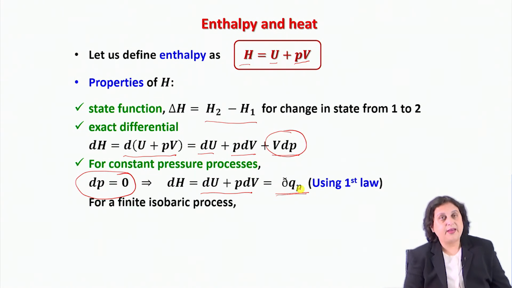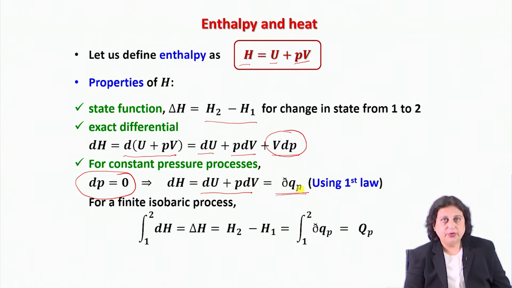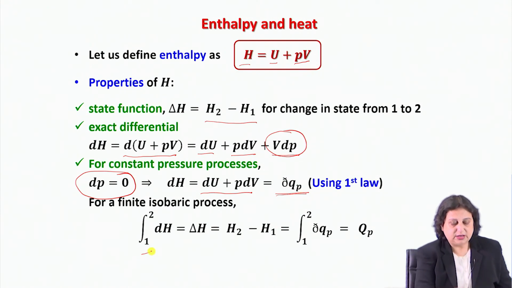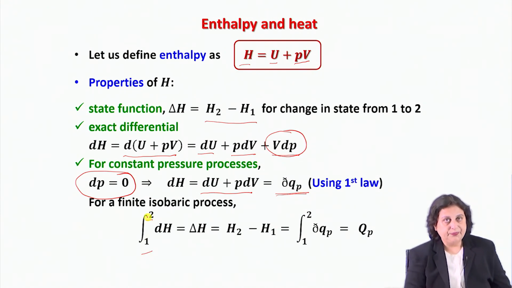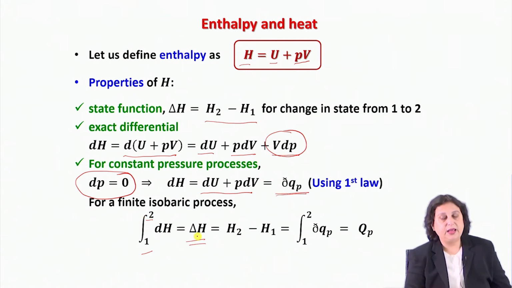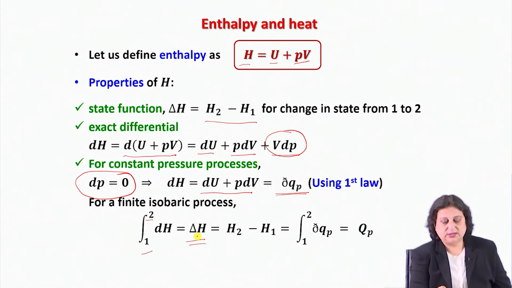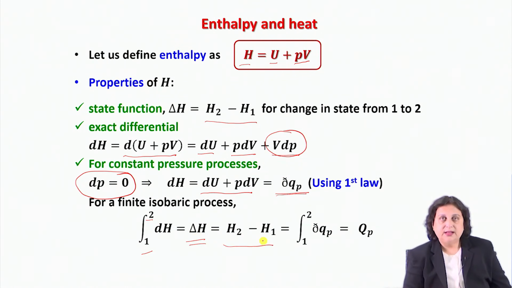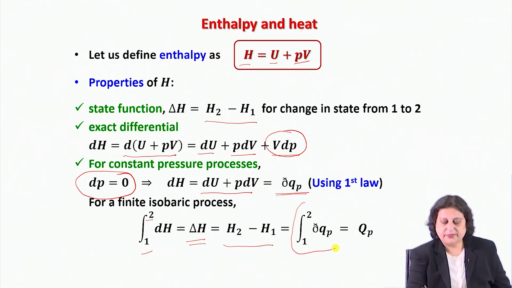And therefore, if I have a finite isobaric process, I am going to integrate dH from the initial state 1 to final state 2, and then this would be given by the change in enthalpy as the system passes from state 1 to state 2, and by definition this is going to be H2 minus H1, and this would have a magnitude of this integral.